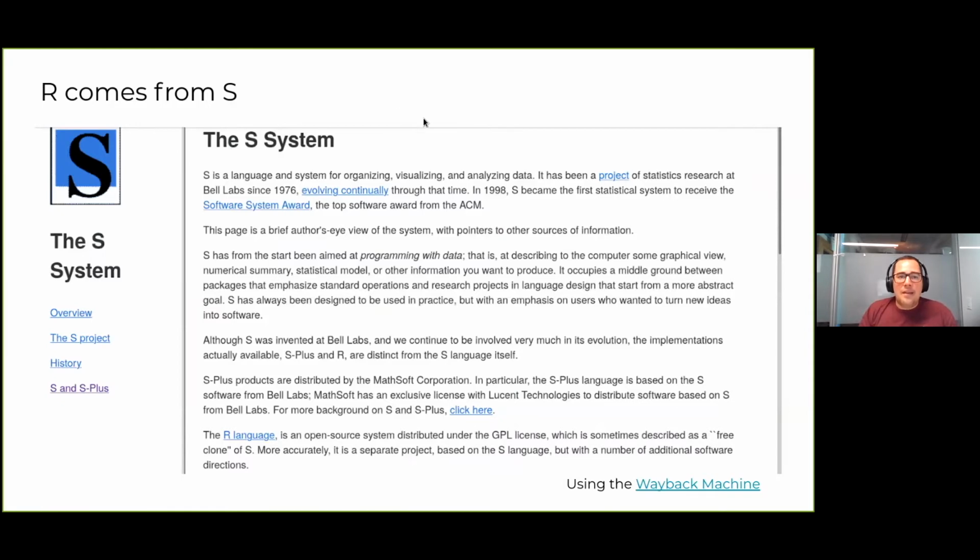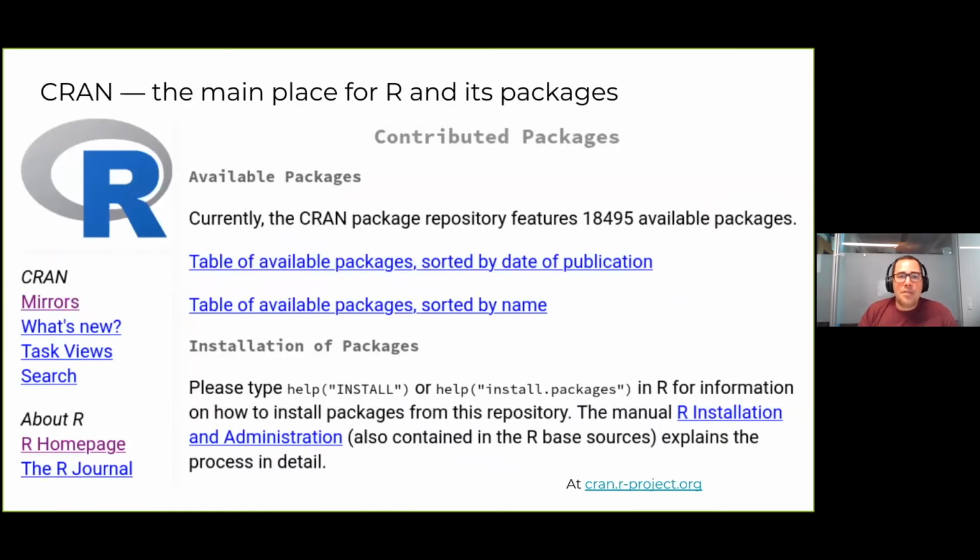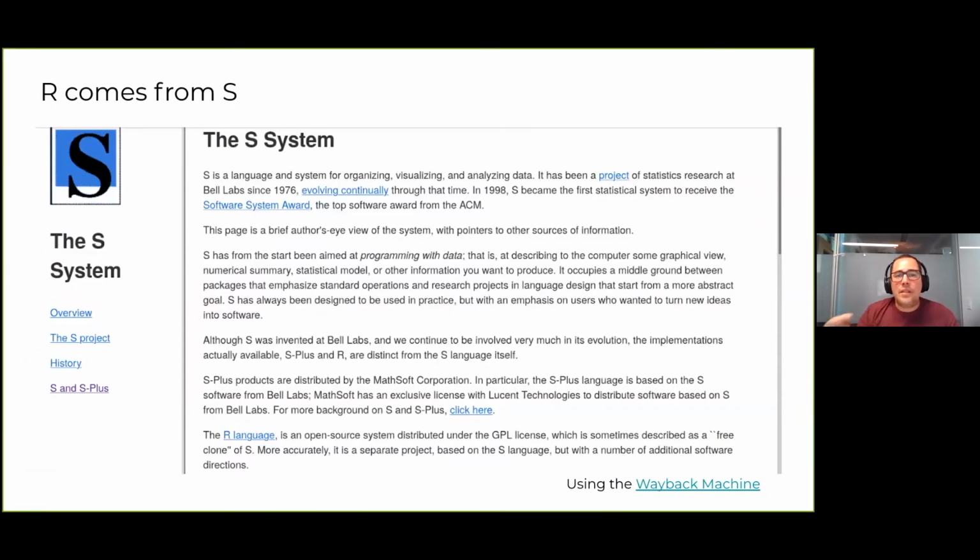But in 1991, Robert and Ross decided to create an implementation of the S language that was independent of S+, this commercial version. And that implementation received the name R, and they began publicizing it in 1993. So R became free software 2 years later in 1995.